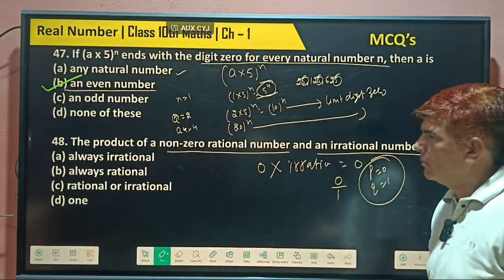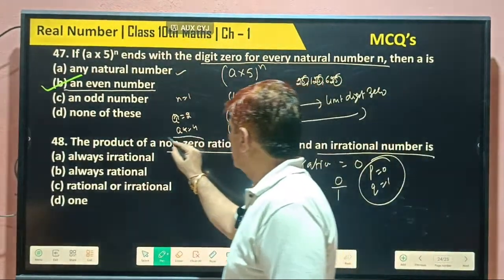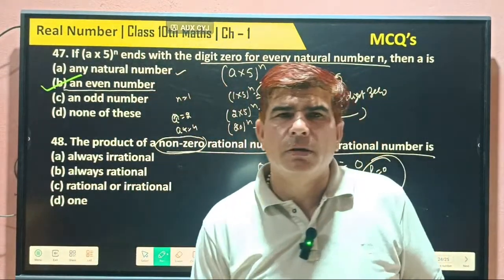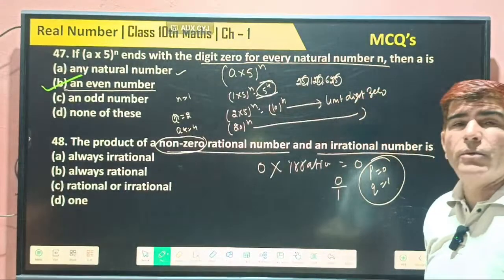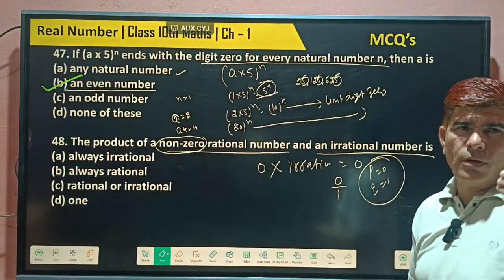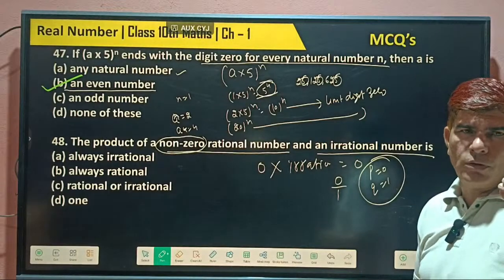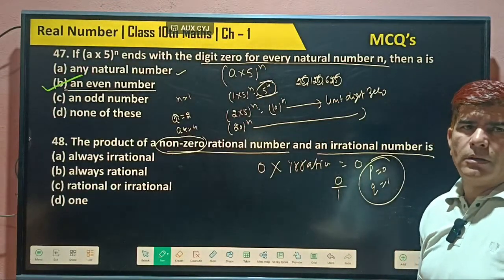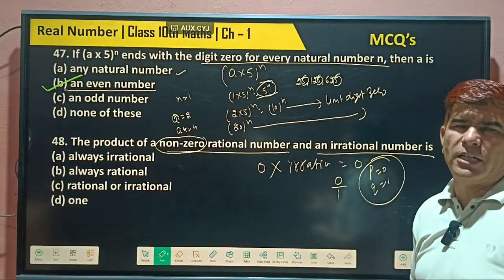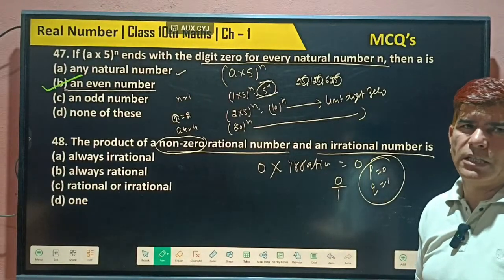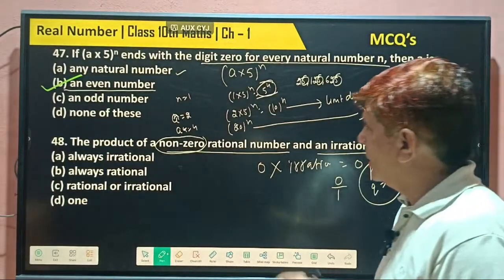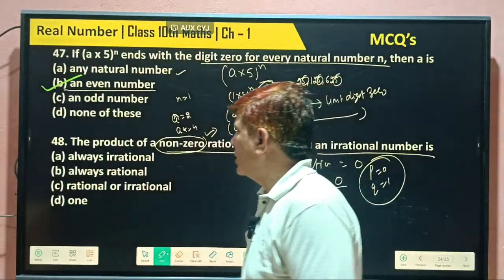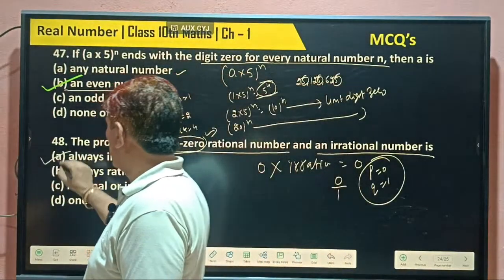So 0 is a rational number. That's why we use the word non-zero. So the product of a non-zero rational number with an irrational number is always irrational. The sum of rational plus irrational is always irrational. The subtraction of rational minus irrational is always irrational. And in the case of division, again non-zero comes. Understood? So what's your answer? Always irrational.